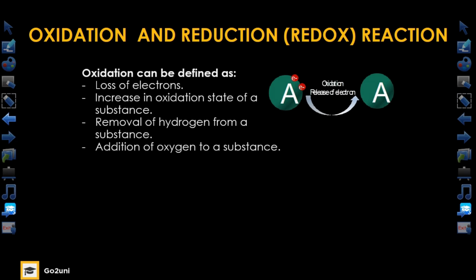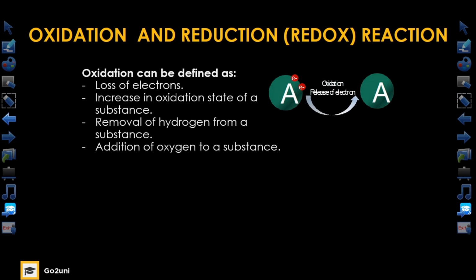Redox reaction is generally abbreviated as OIL RIG. The OIL is oxidation is loss. With that, we can always remember the definition of oxidation reactions. In terms of oxidation state, that is oxidation number, when oxidation is carried out, it leads to an increase in the oxidation number of an element.